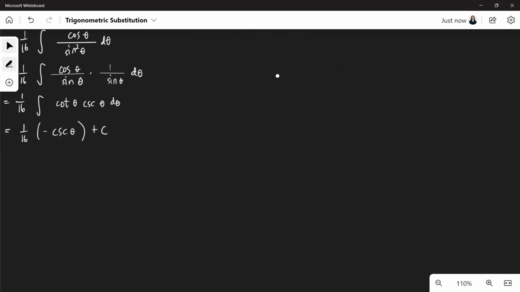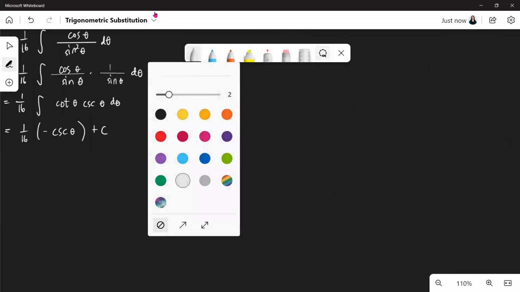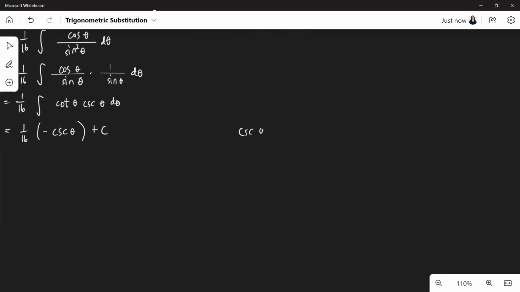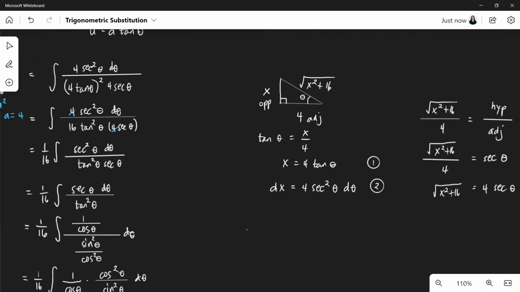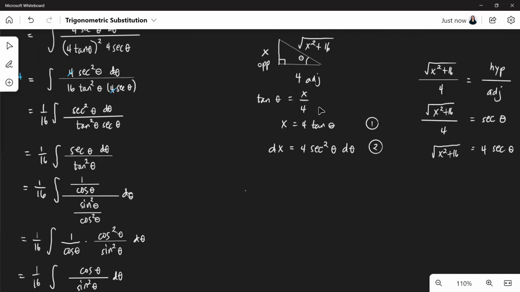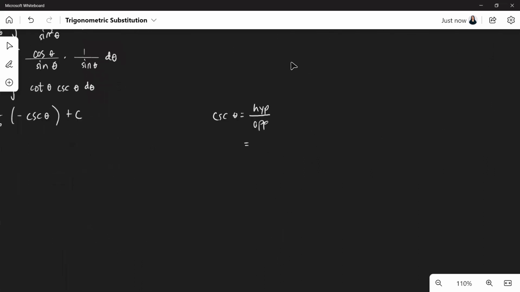So let's put it at the side. Cosecant theta is again hypotenuse over opposite side. So the hypotenuse of the right triangle above is square root of x squared plus 16, and the opposite side is x. All over x. So we'll replace cosecant with this expression.